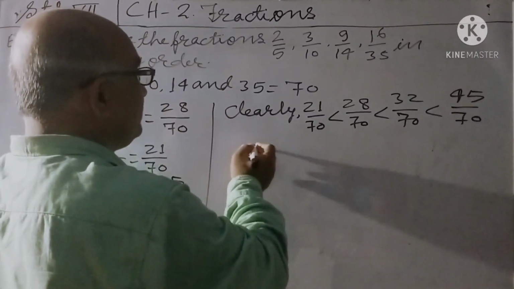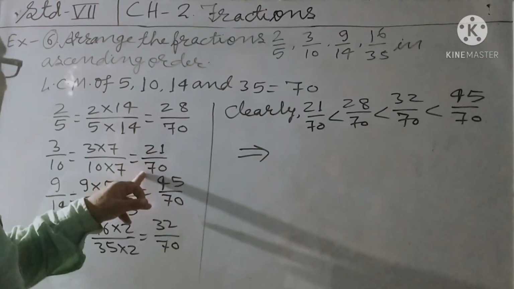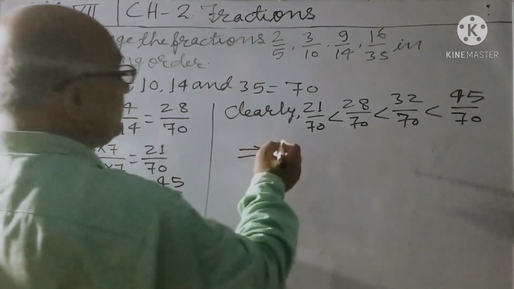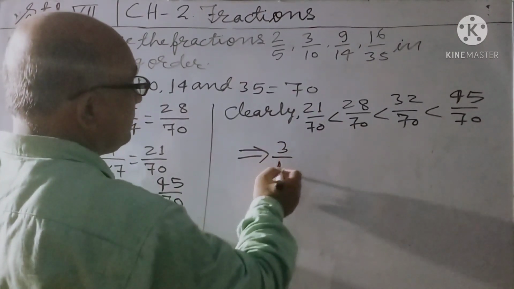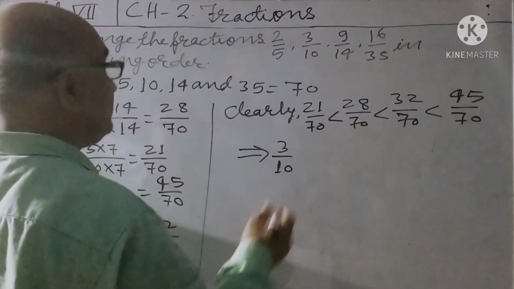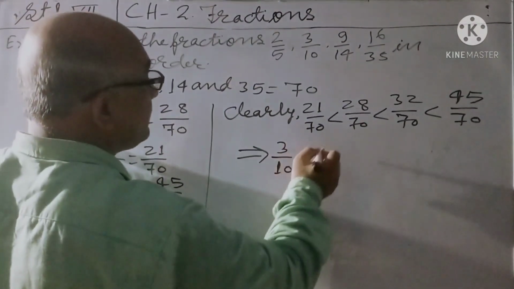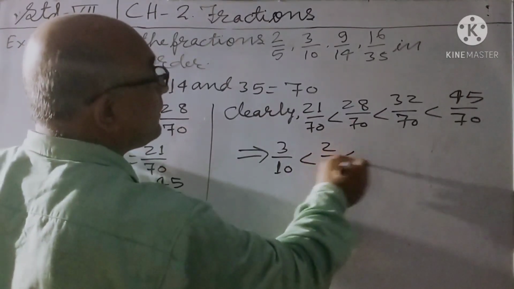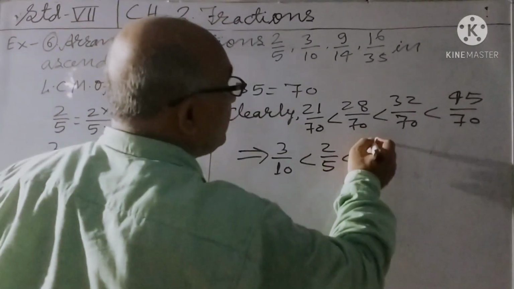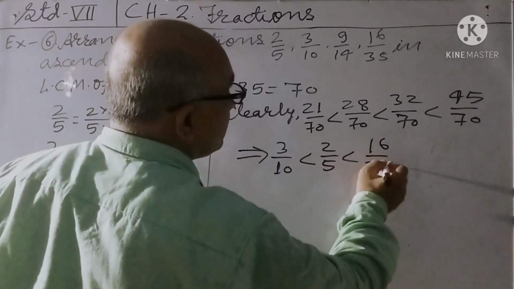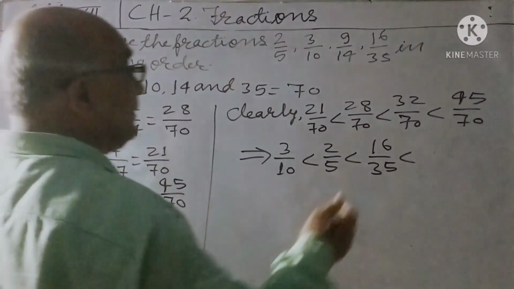That implies 21 by 70 equal to 3 by 10. In ascending order: 3 by 10, 28 by 70 that means 2 by 5, 32 by 70 that means 16 by 35, and last 45 by 70 means 9 by 14.